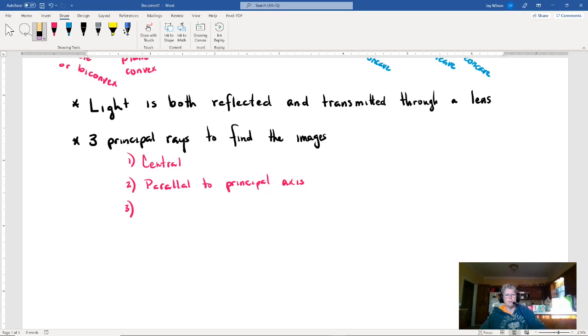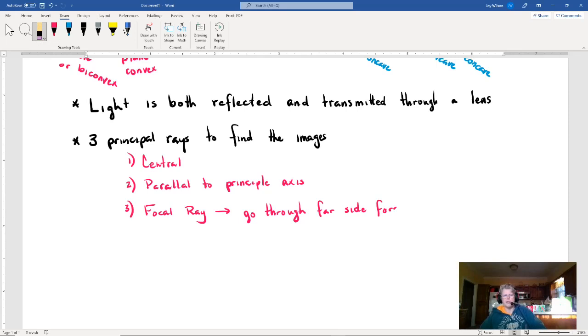That's a principal axis. And the focal ray. And this, as we did last time, focal ray will go through the far side focal. Well, let's leave that alone.